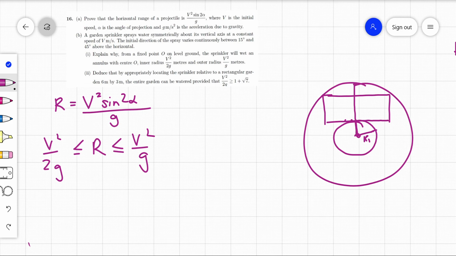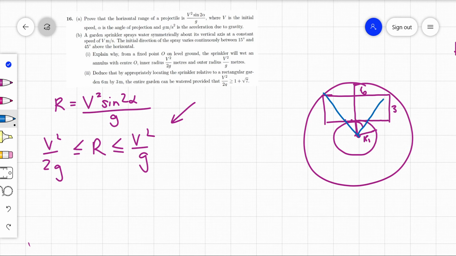So if you think about it, this is our 6 by 3 garden, and remember that R2 is the bigger radius, so it's double our smaller radius. So if I draw in a different color, see if this helps.